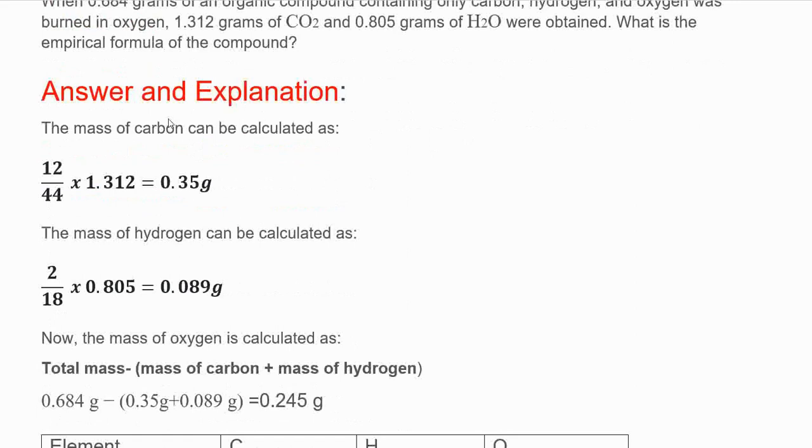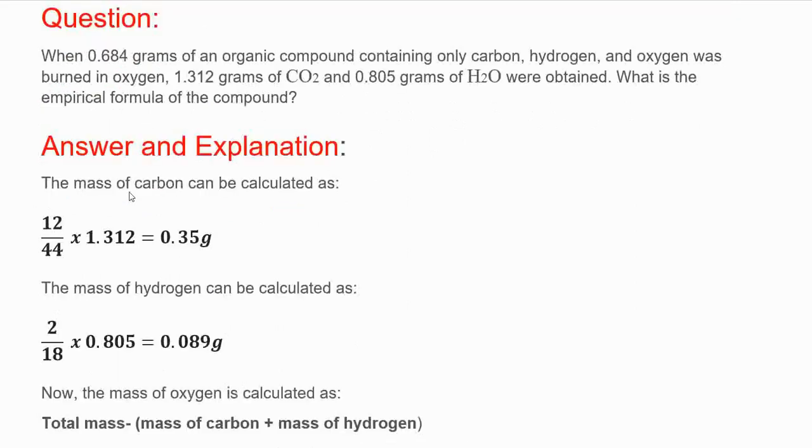The mass of carbon is calculated by taking the mass of carbon, which is 12. Carbon is atomic number 6, therefore the mass number is 12. And then the total mass of carbon dioxide is 44. How do you get that? It is oxygen 16 times 2, which is 32, plus 12, which is 44.